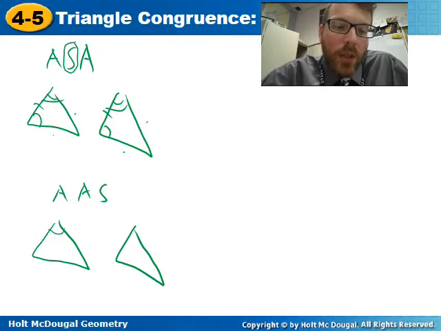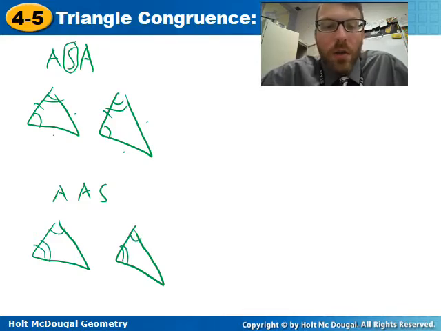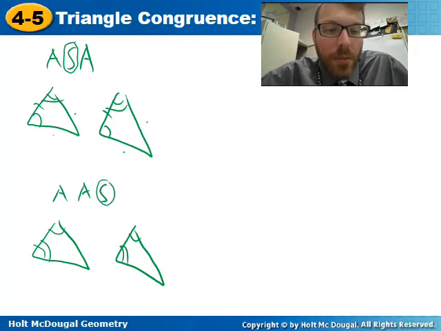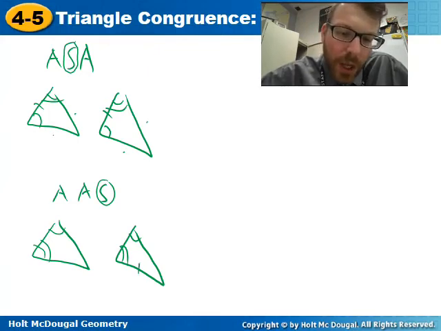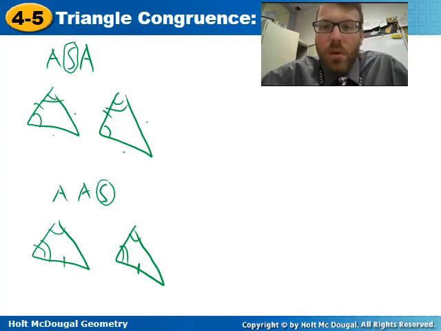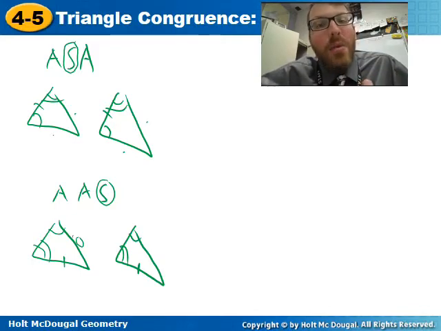The first thing you have to have is 2 angles that are congruent. Now, the side has to be excluded. That means it cannot be between the 2 angles. So for example, it could be this, but if it's going to be that one, it has to be this one. It cannot be this one. If it was this one, then the 2 triangles wouldn't be congruent. So it matters where that side is placed. That side has to be the same excluded side.